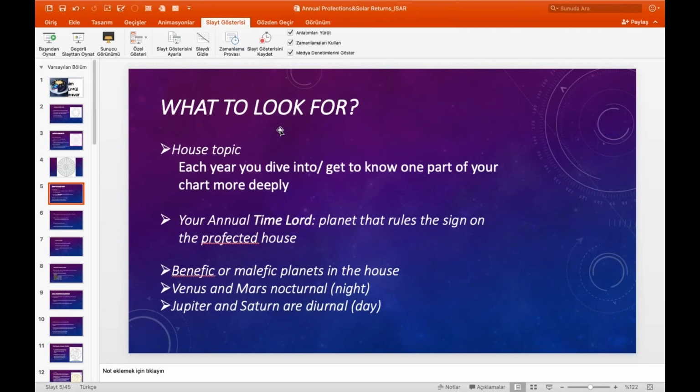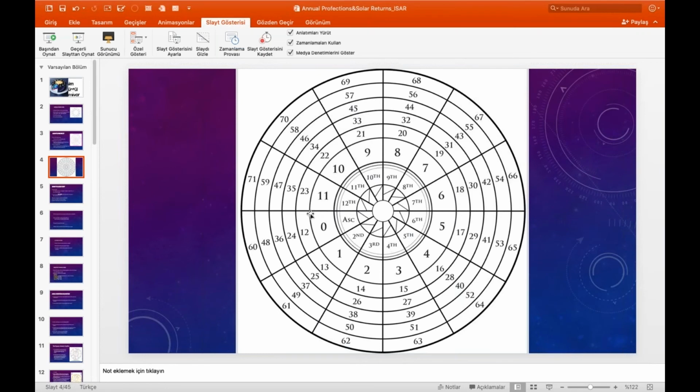And your annual time lord, I mean the planet that rules the sign on the profected house, this is your annual time lord. For example, your ascendant is Taurus, so your year lord for that year will be Venus.